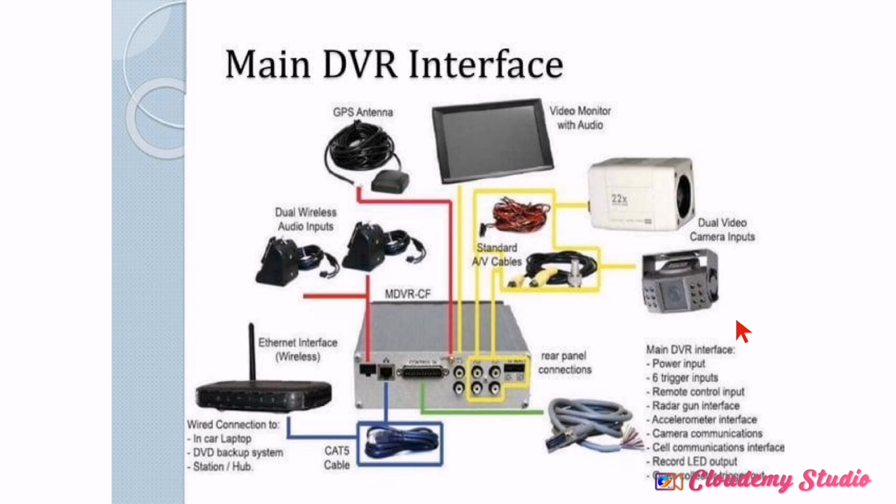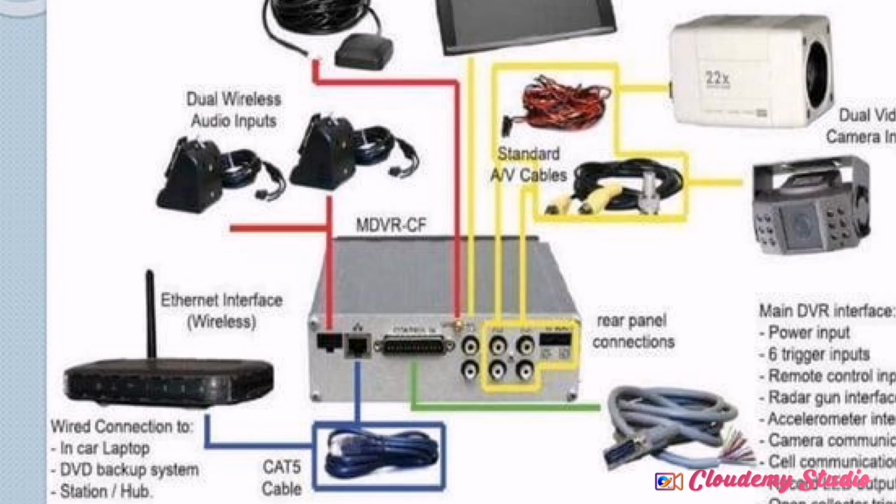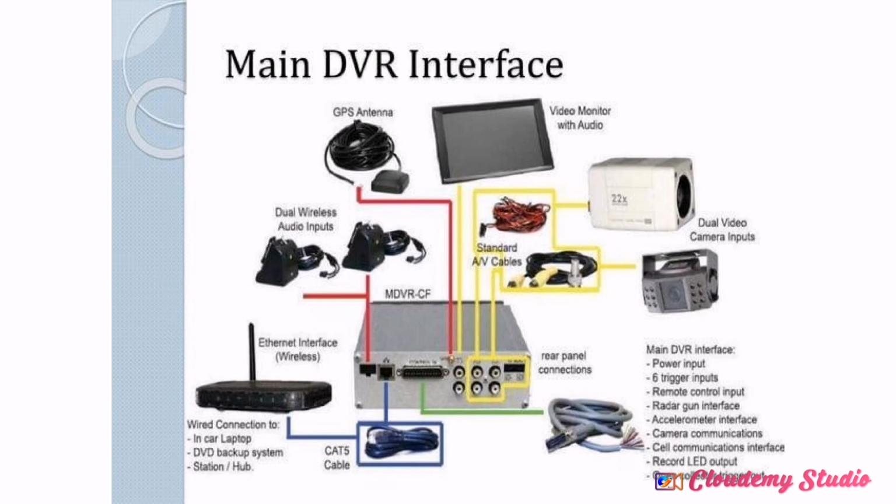Then I don't know what this is, there's nothing written in there, but as far as I can see, this is where the VCR, video cassette recorder, is, and these are AVs. Then standard AV cables. So this is the old system.